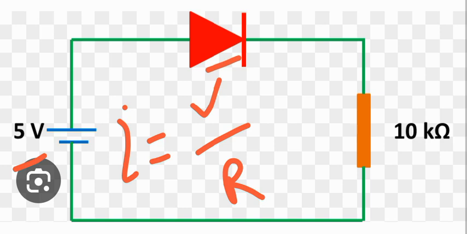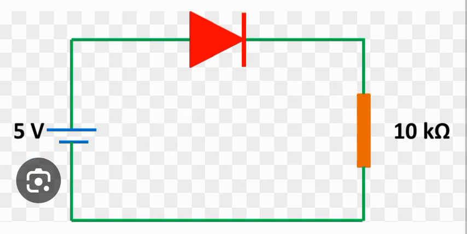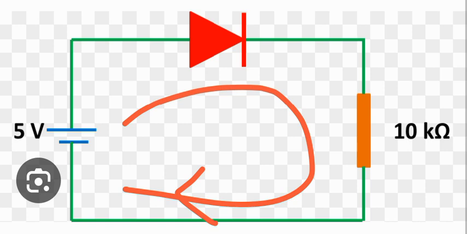So to calculate the value of current, that would be 5 minus 0.7 volt, which is 4.3 volt, divided by 10 kilo ohm, which is this resistor. So the value of the current is 0.43 milliampere or 430 microampere. So that is the current that flows through the circuit.